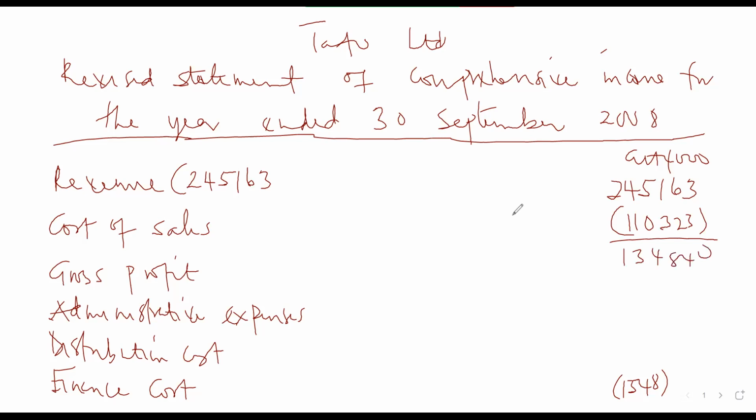What is our administrative expenses? We have gotten that now, and that is 73,765. Our distribution cost, nothing has affected it, so that will be 24,516.